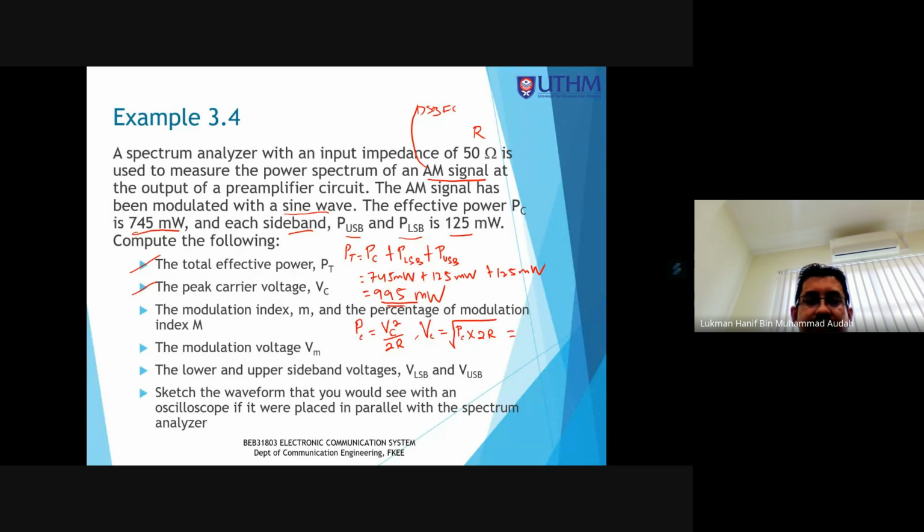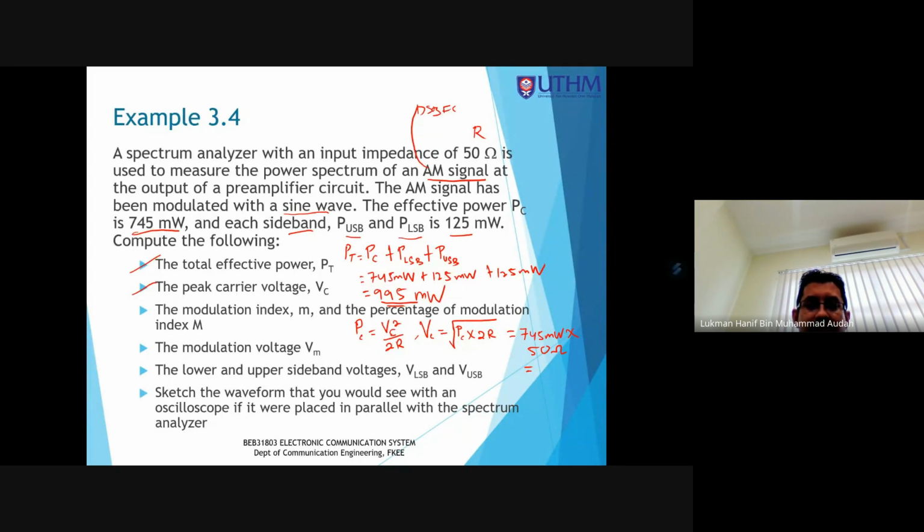So therefore, this is 745 milliwatt multiplied with 50 ohm. How much is this?